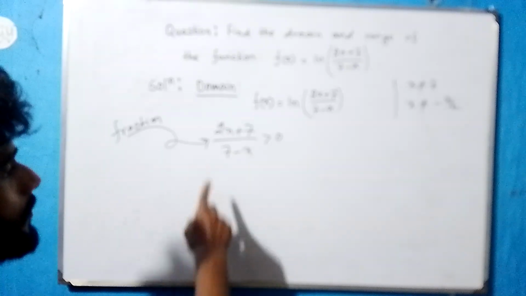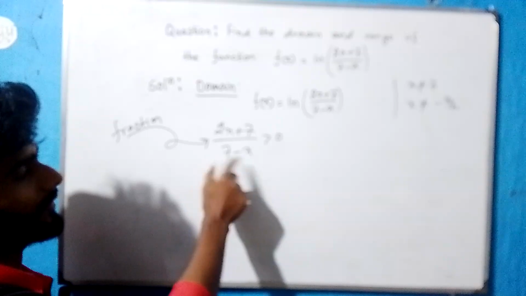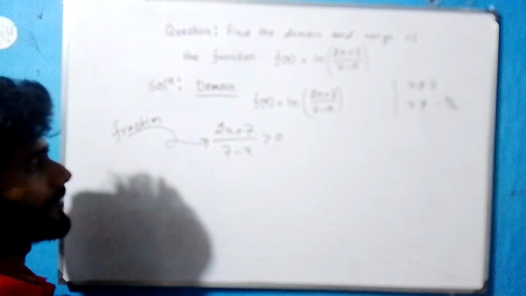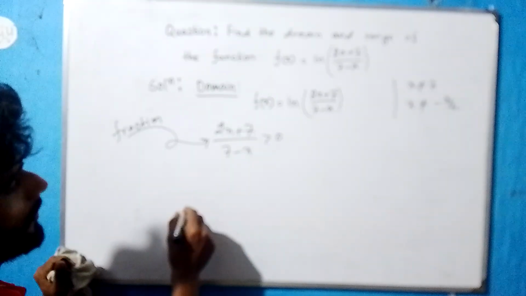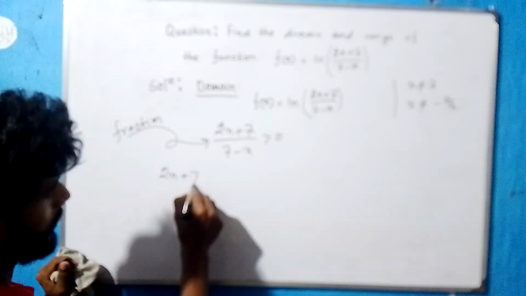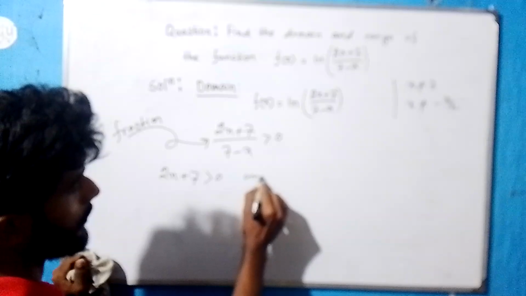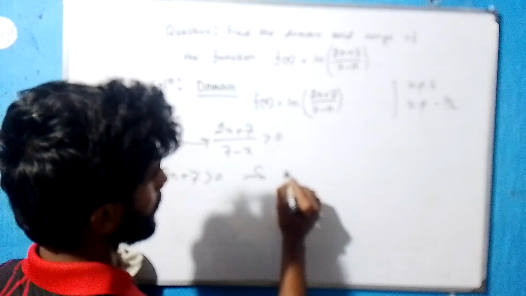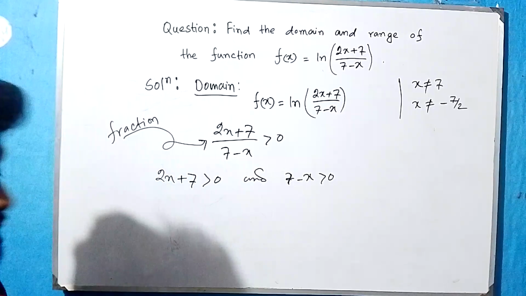Okay, so if a fraction is a positive number, then we have possibilities, that is 2x plus 7 is greater than 0, and this 7 minus x is also greater than 0.